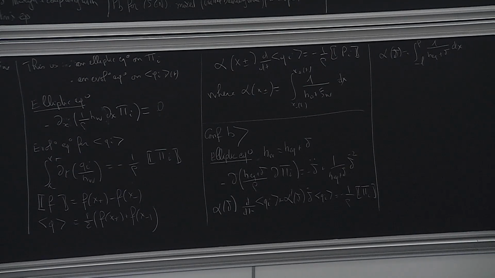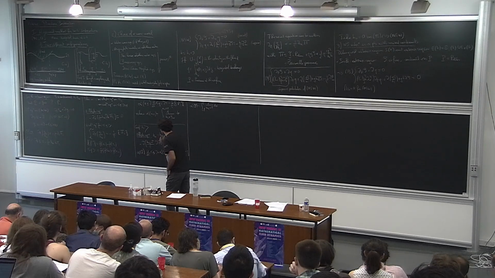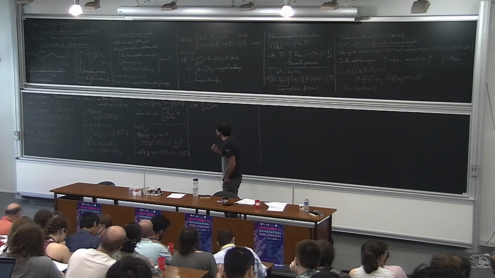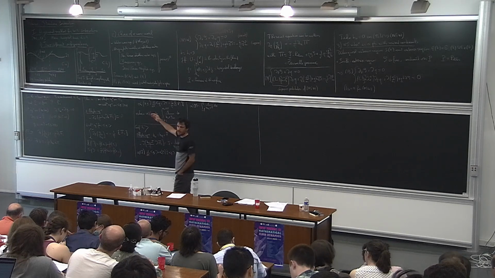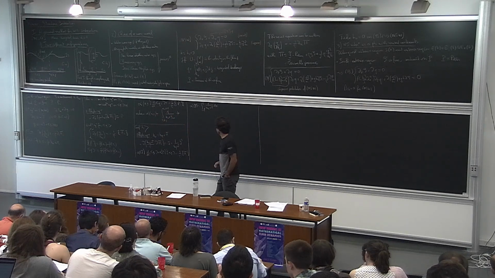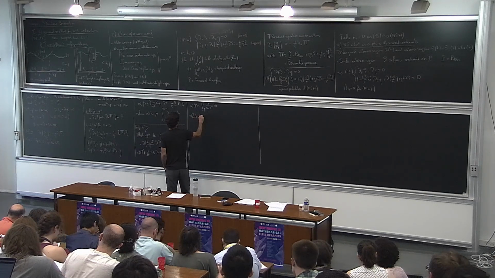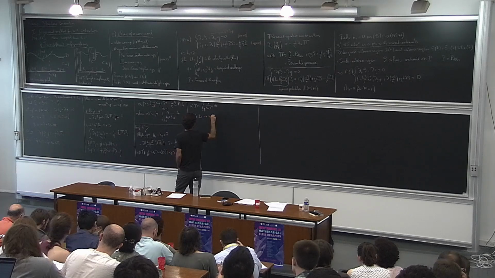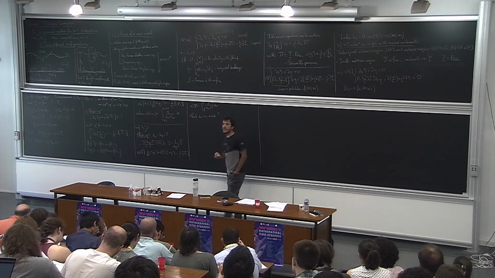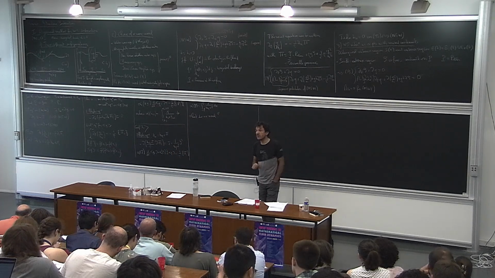Okay, but this is the same way to proceed as in the previous case. So now we have an elliptic equation, this evolution equation for this. So what do we need? We need to solve the elliptic equation.